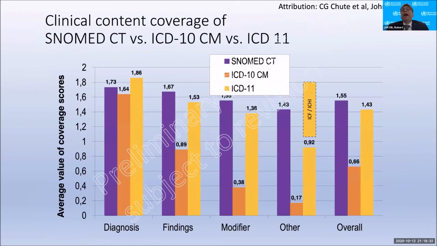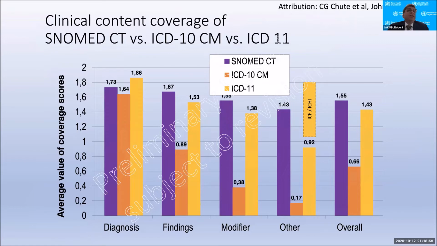And here we had a comparison that was done, I think 2 years ago, by a team at Johns Hopkins University, Professor Chute, that analyzed clinical terms, comparing the biggest terminology that is around, SNOMED-CT, then the ICD-10-CM that you all know, which has been expanded to an incredible level of detail, and the ICD-11.